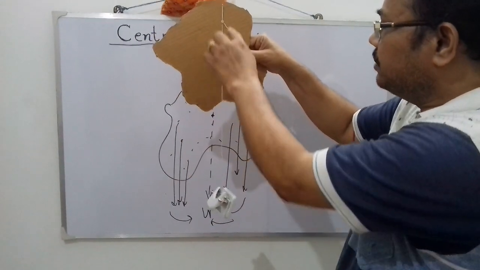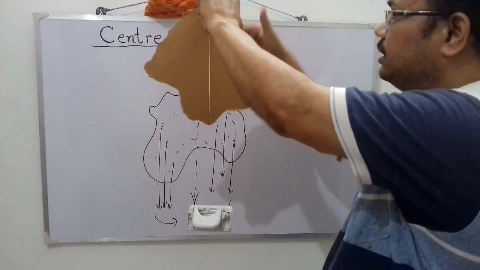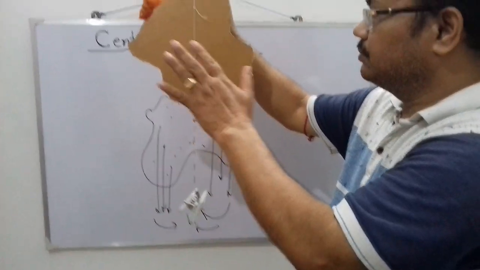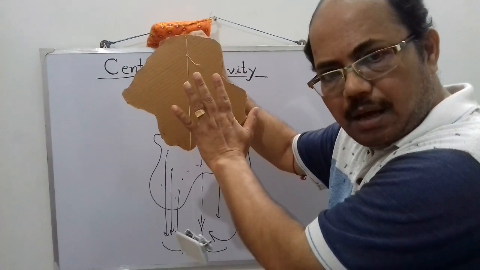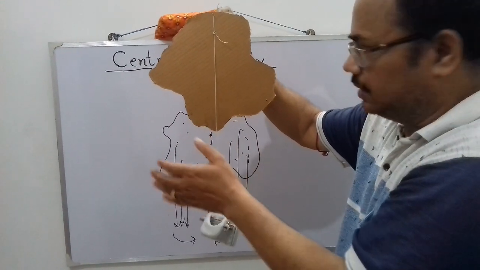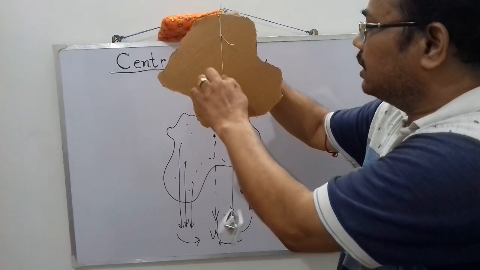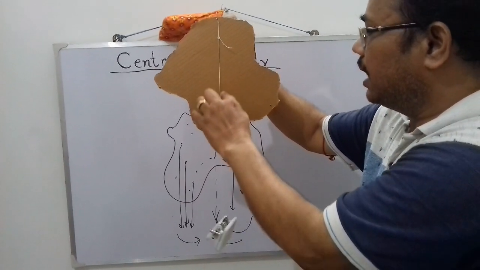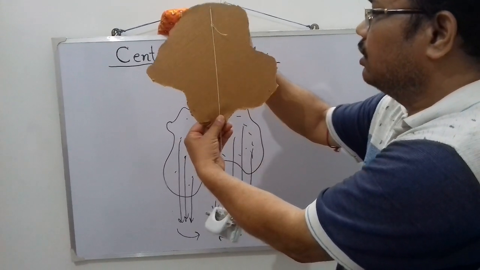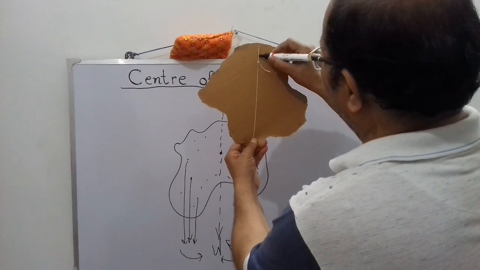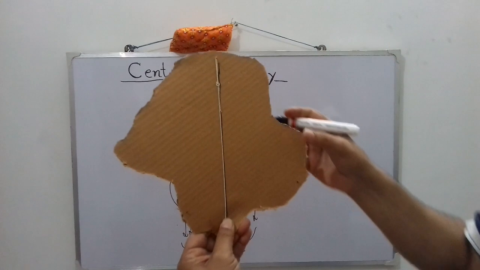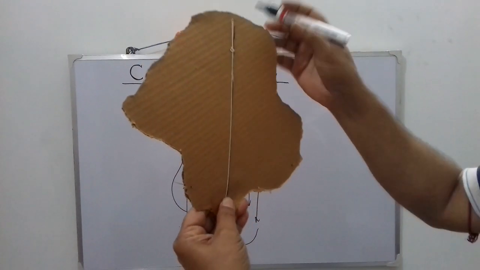If we allow the object to rotate, it will eventually come to the equilibrium state. So this is equilibrium and this is a vertical line. The center of gravity must lie on this straight line. Now draw this straight line. This is the straight line I have drawn.